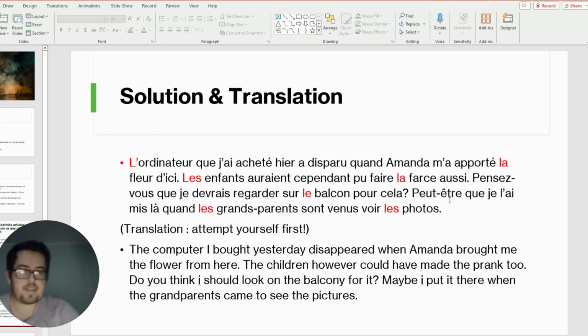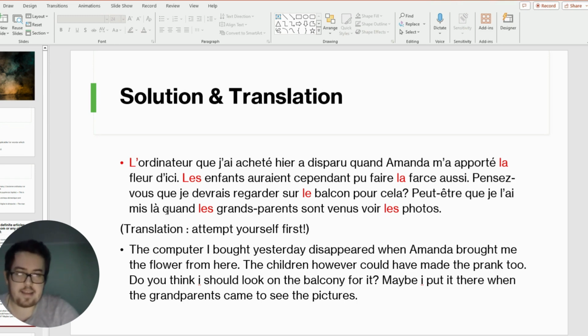And then you have the last sentence, peut-être, which means maybe in English, and maybe means peut-être in French. Que je l'ai mis, that, or you can leave it out, it's going to be the same, maybe I put it. Que je l'ai mis means I put it, right?